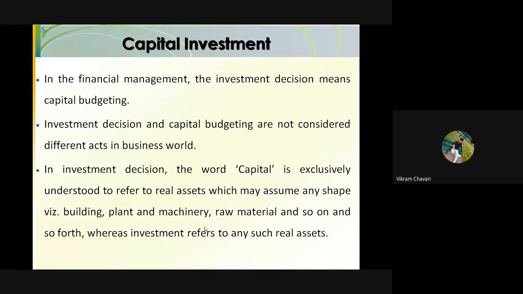So what does capital investment mean? Capital investment is one kind of real asset for industries. Assets in the form of a building, plant and machinery, raw material, or a labor force.